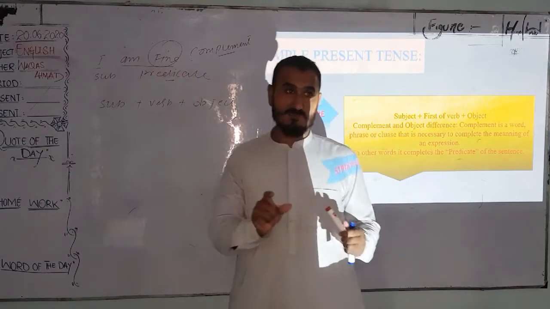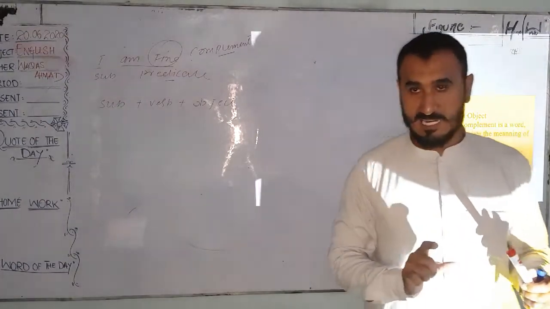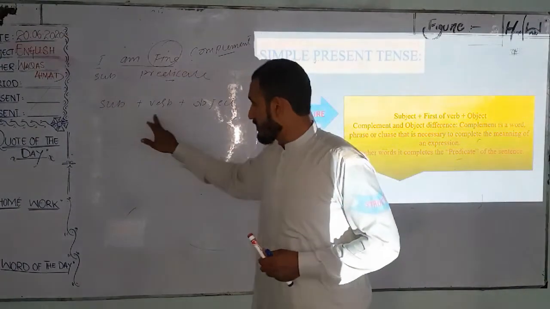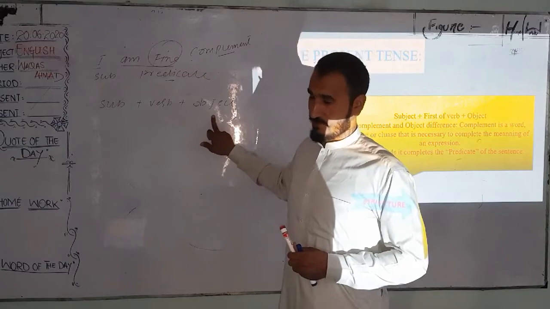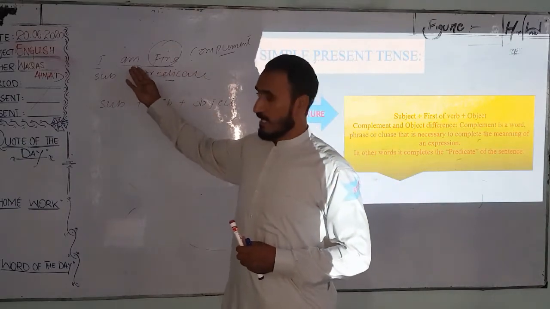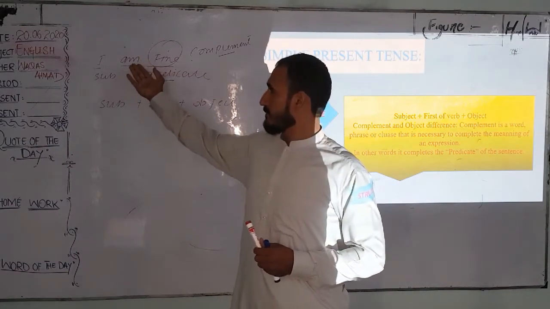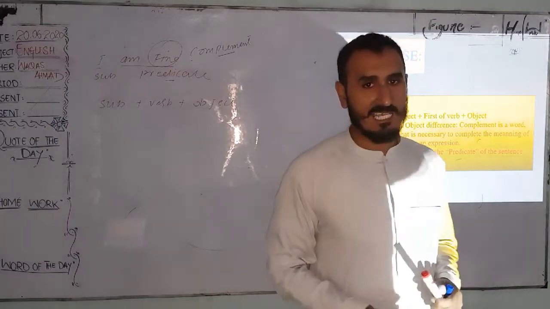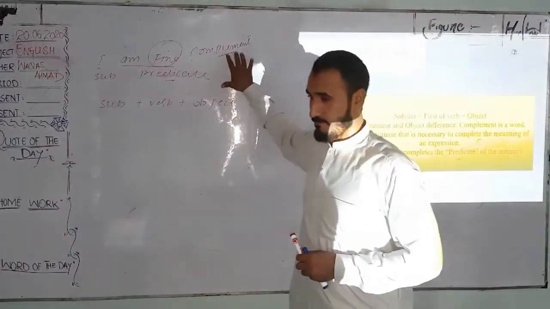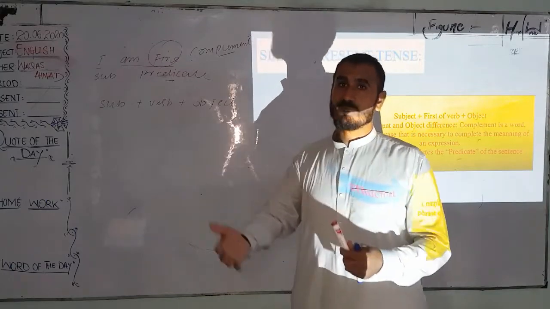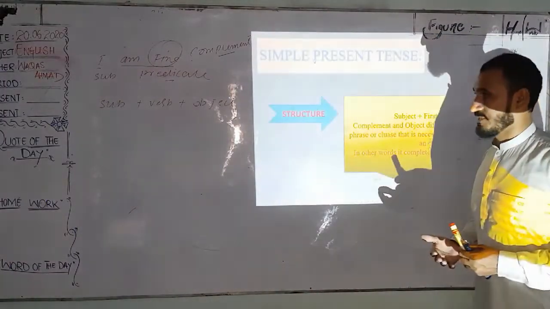So this is the main difference between complement and object. Subject plus main verb will form object, and subject plus linking verb or stative verb will form complement. So complement completes the predicate of the sentence.